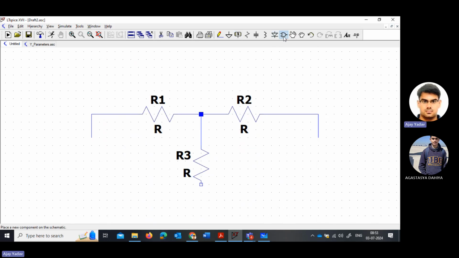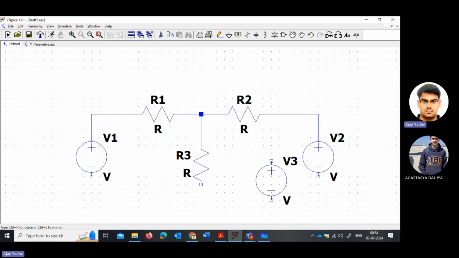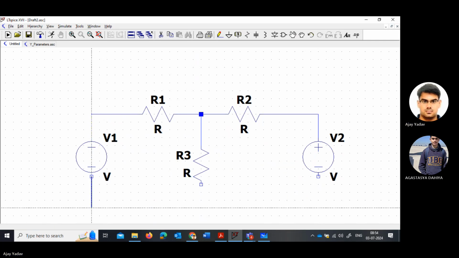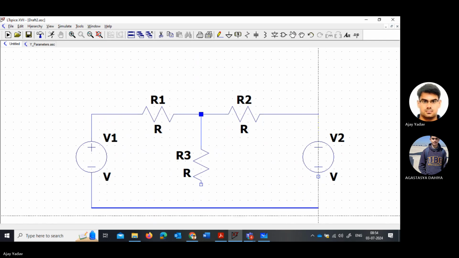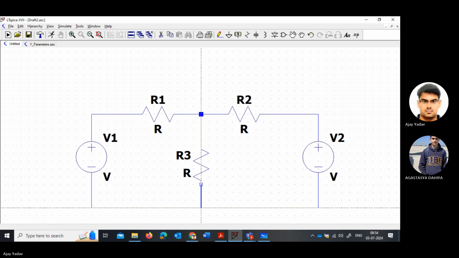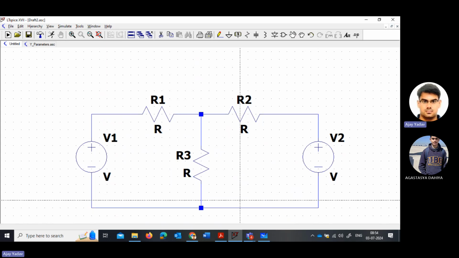Now I will use a voltage source at the input side, and at the output side, again, we will connect it. You can use any voltage value you want here.